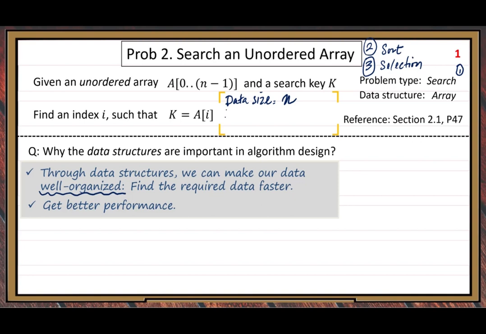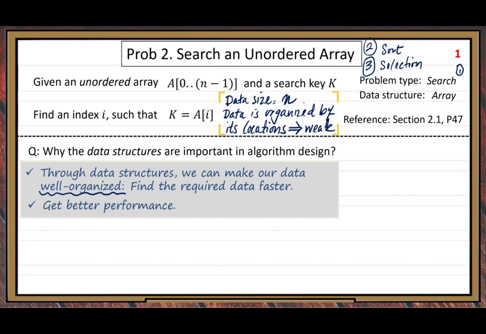At this level, data is organized by its locations. This is one way to organize the data. But this kind of organization is weak. It's pretty weak.